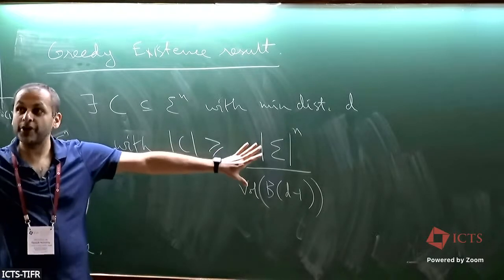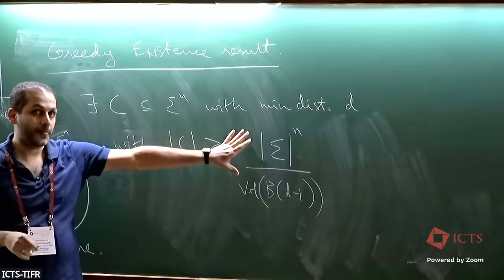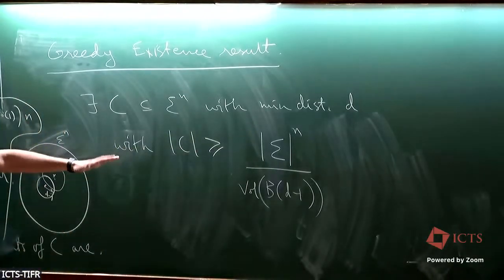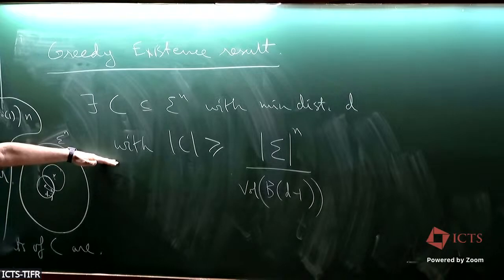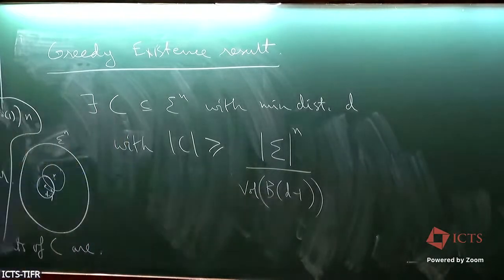So there's still a point which has not yet been eliminated. Take that and put it in. So this is the greedy bound. This is d minus 1 here.